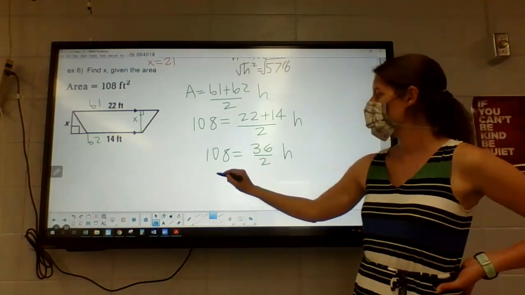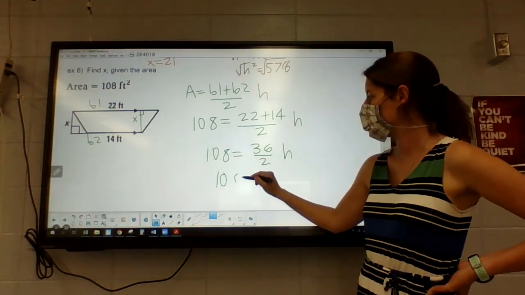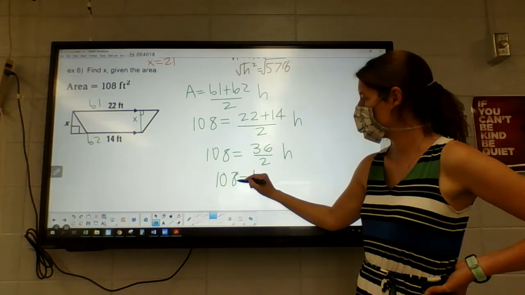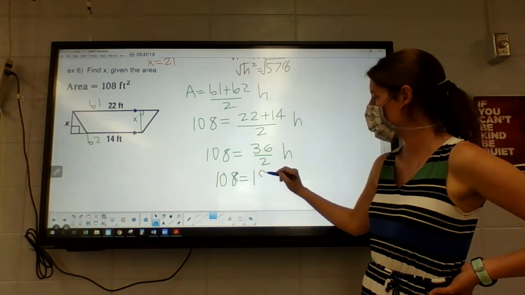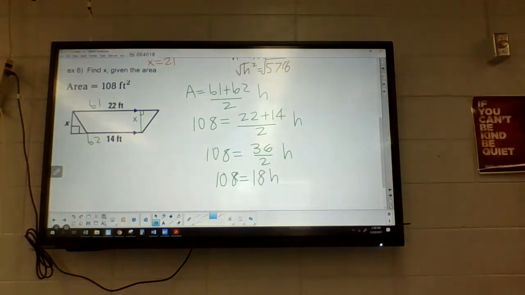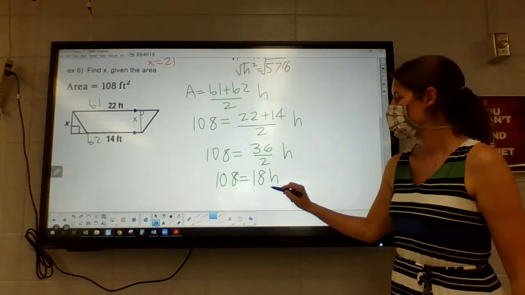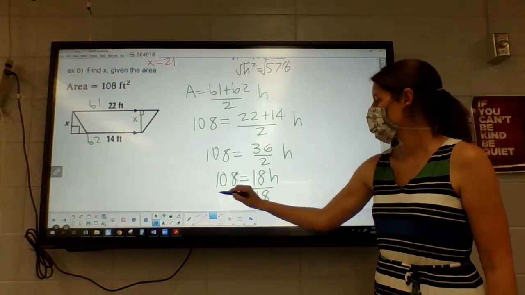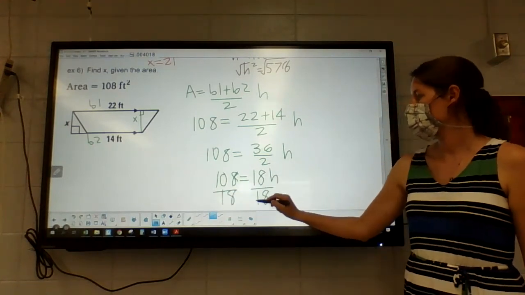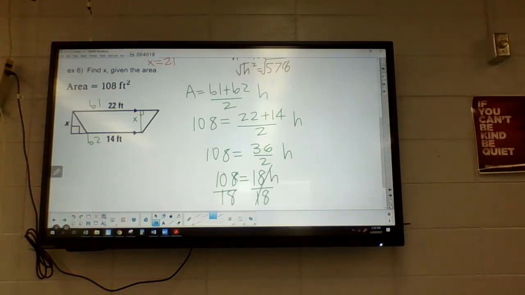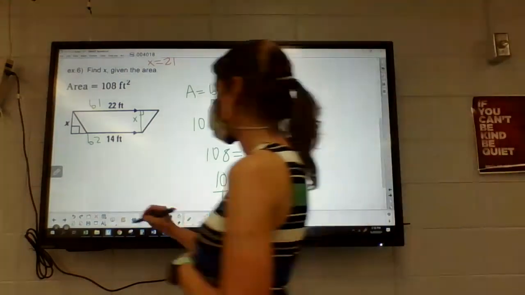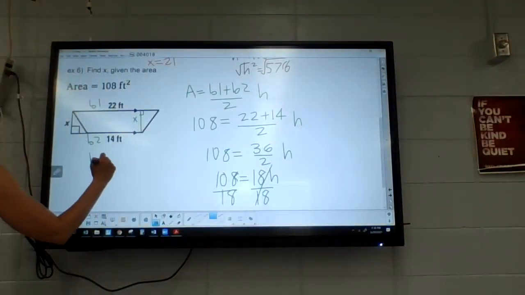Thirty-six divided by 2 is 18. So in order to solve for h, we're just going to divide by 18. So h is going to be 108 divided by 18, and so we find out our h is going to be 6. So 6 feet.